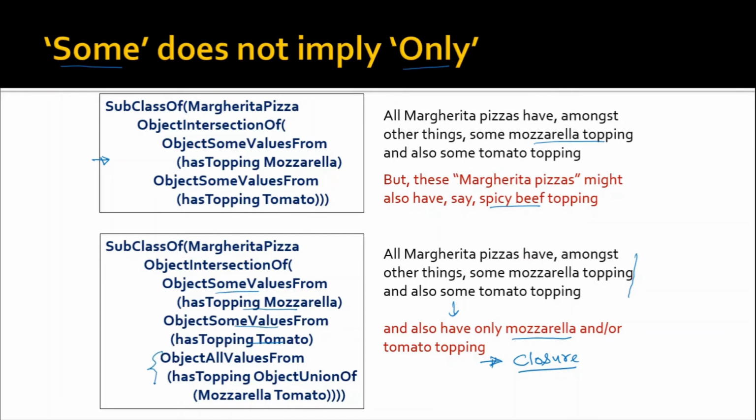But this is where we are closing it. Here we are saying that the values it can take as topping are the union of mozzarella and tomato. So either it would be mozzarella or tomato, but nothing else. This is how we are making this a closed set, the values that has topping can take.